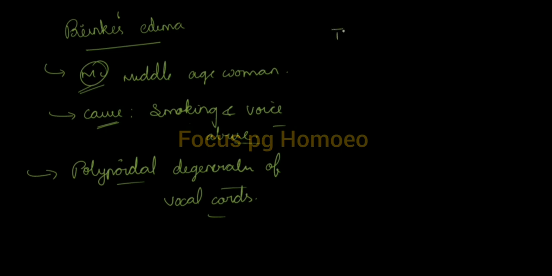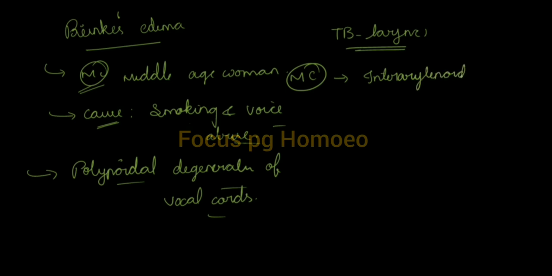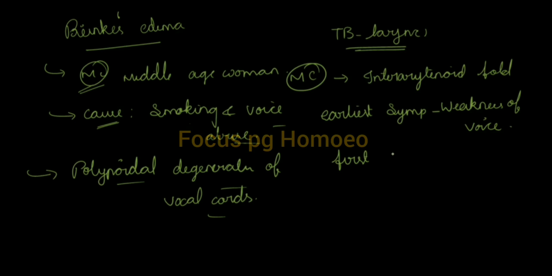And MCQs associated with TB larynx. Most commonly affected site is interarytenoid fold, and earliest symptom, weakness of voice, and first sign, impairment of adduction.